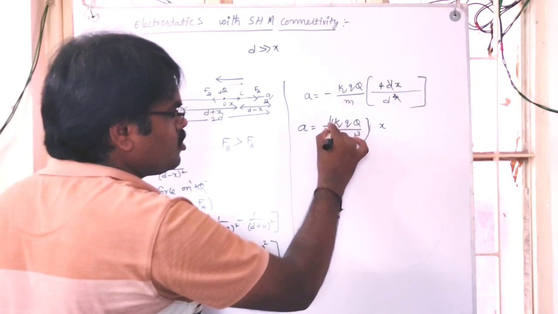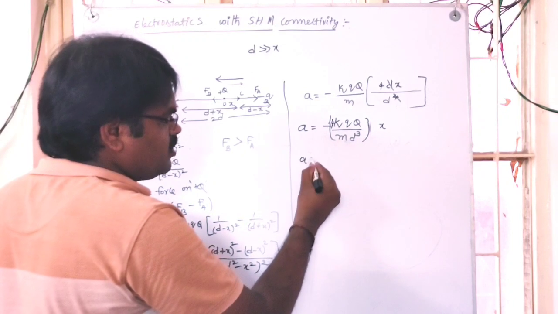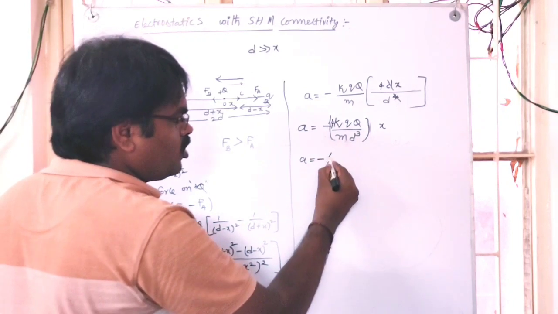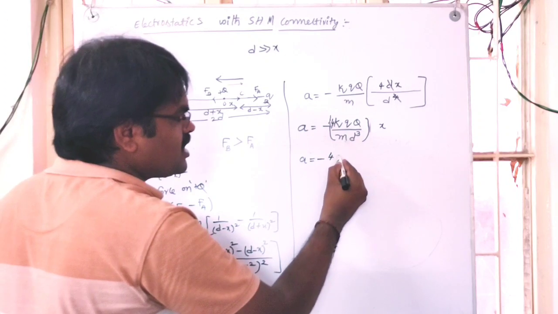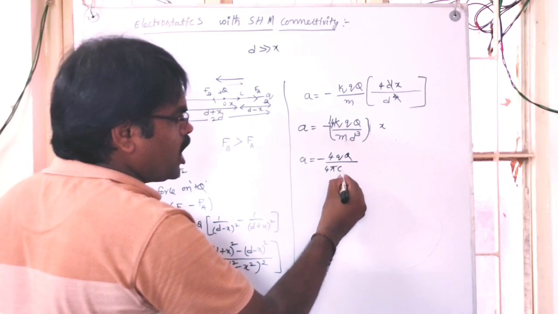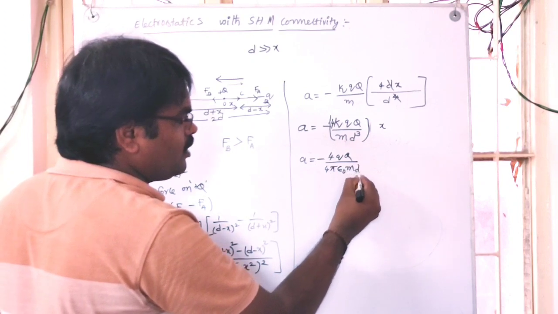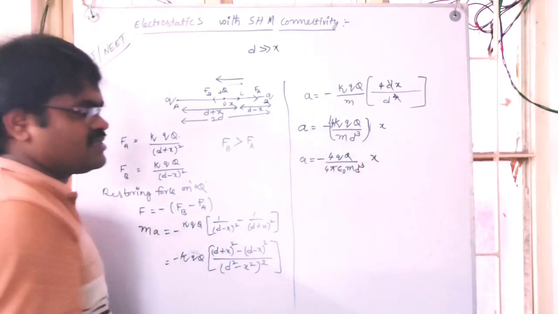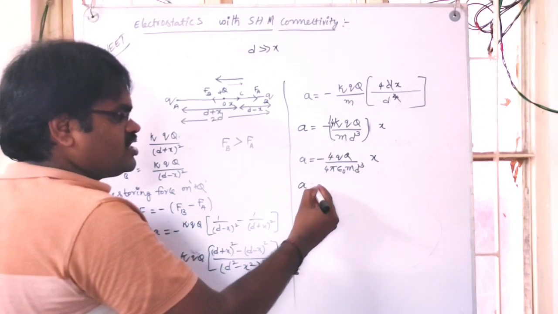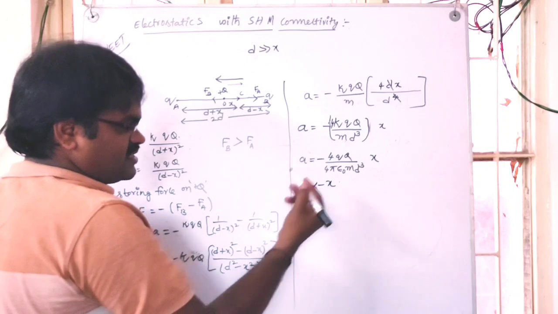That means here a is equal to minus 4k, which is 4 pi epsilon naught m d cube into x. K means 1 by 4 pi epsilon naught. Then a is directly proportional to minus x.